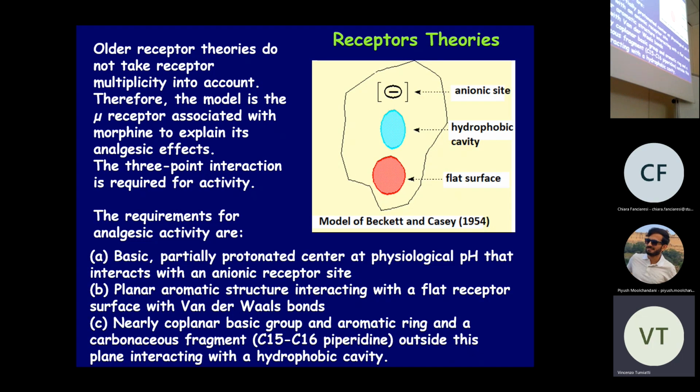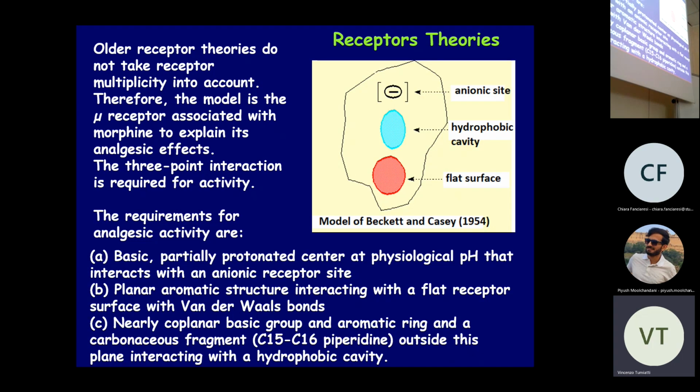We have seen a long series of derivatives of this class, the complexity of the chemical structure of morphine, the interesting therapeutic activity of these compounds, and the potency of these compounds.